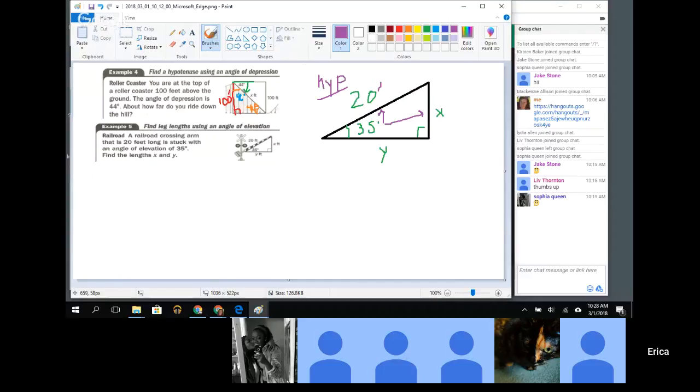So since I have a case where I have an opposite over a hypotenuse, that's my SO, right? So I know I'm going to use sine.